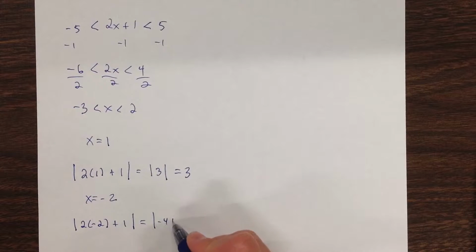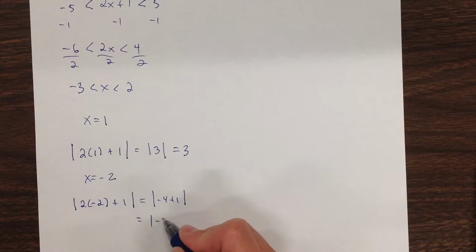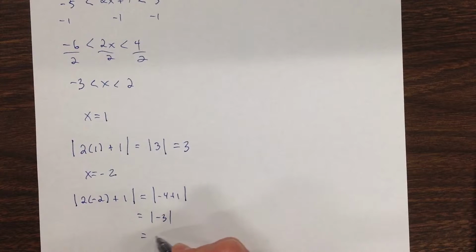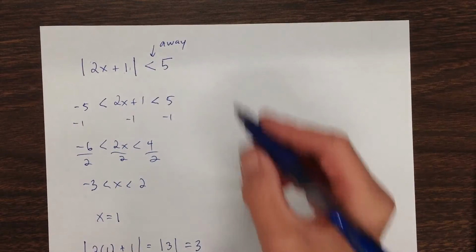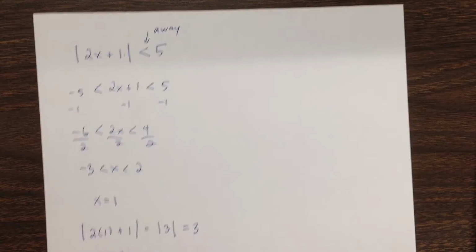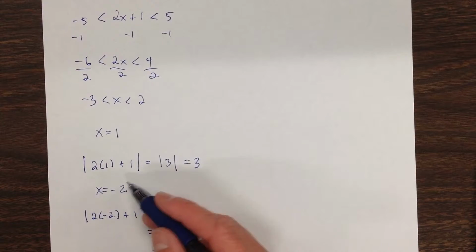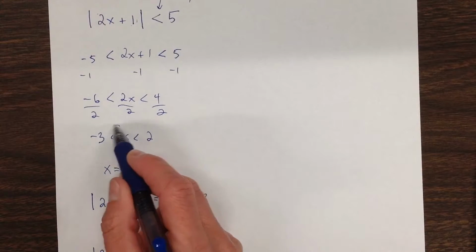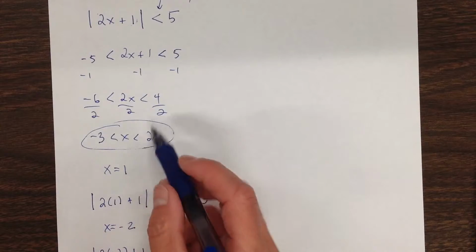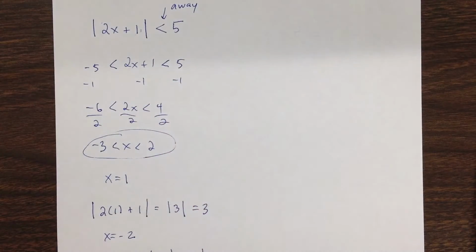So negative 4 plus 1 is the absolute value of negative 3, which is equal to positive 3. Okay, so since positive 3 is less than 5, x equals negative 2 solves it. So every number between negative 3 and 2 solves this inequality.